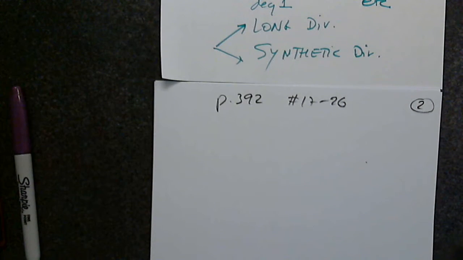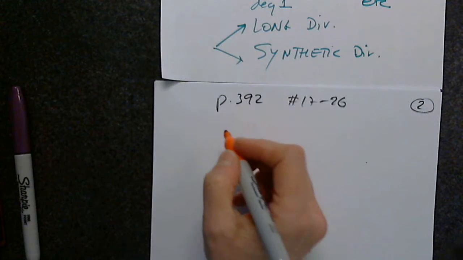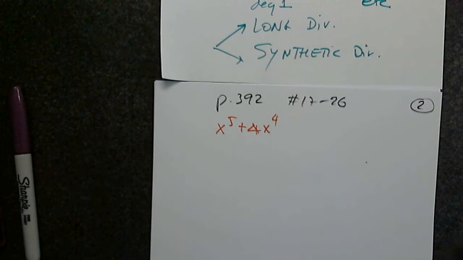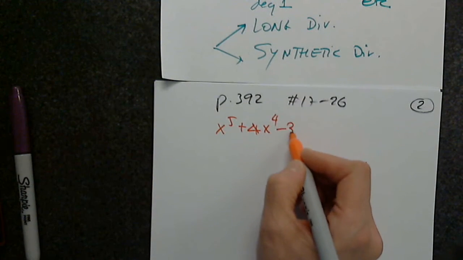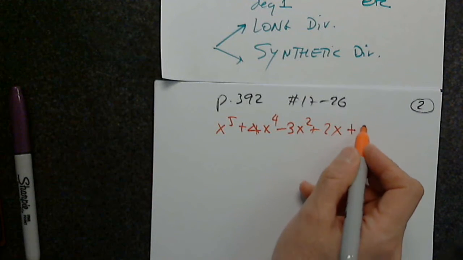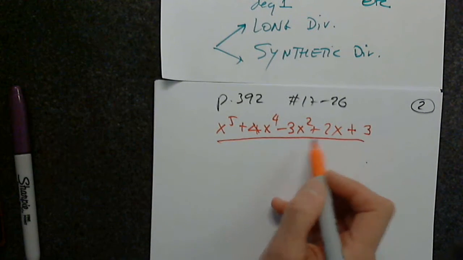Okay, so let's look at 24, in which we have x to the 5th plus 4x to the 4th minus 3x squared plus 2x plus 3 divided by x minus 3.